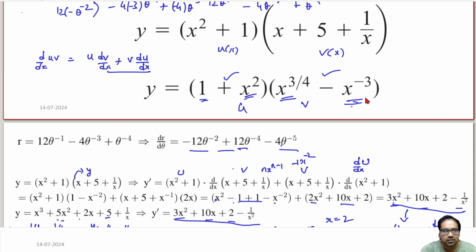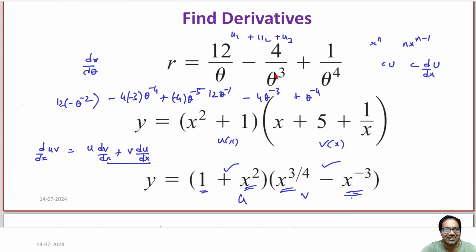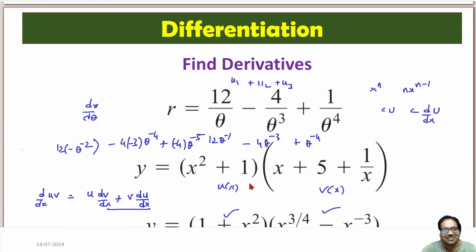As long as x is not equal to 0, we can differentiate these functions. At x equal to 0, we have 1 by x cube, and here also we have 1 by x. So these functions are differentiable at all points except when x equals 0. Right, guys? Hope you like this.